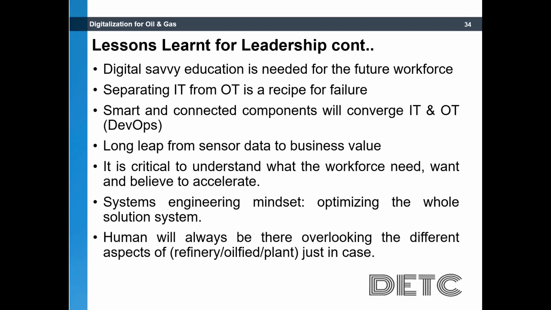And the sensor data long lead is going to add business value from the sensor out there in the field all the way to the corporate office to generate value. Last but not least, the human will always be there, regardless of how automated we are. The human will be there to monitor and overlook the performance of these automated systems.